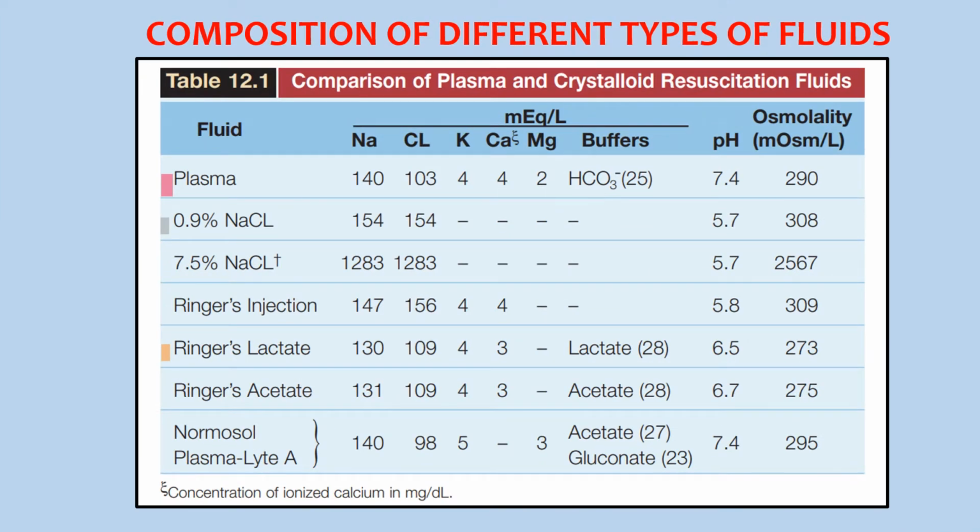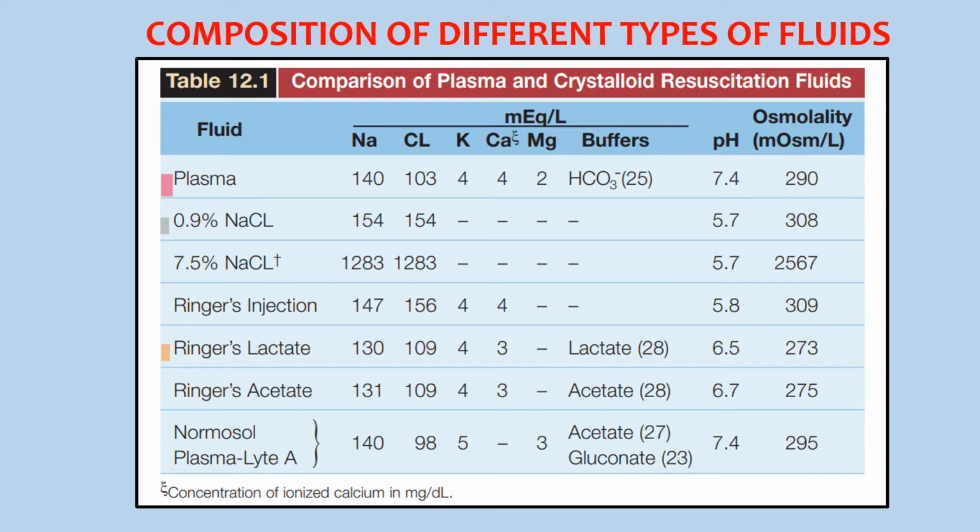Here I try to show you the different types of fluids, and you can look at the composition of plasma, and then we have normal saline, which I have just discussed. If you see here, the pH is 5.7. Now where does this pH 5.7 come from? This comes from the formulation.